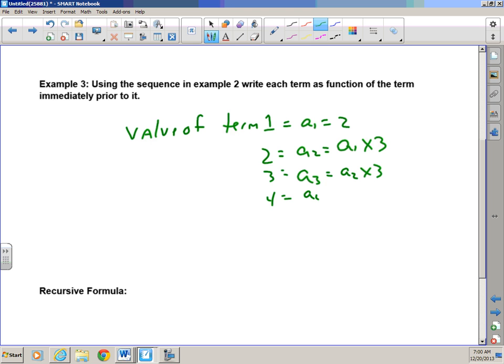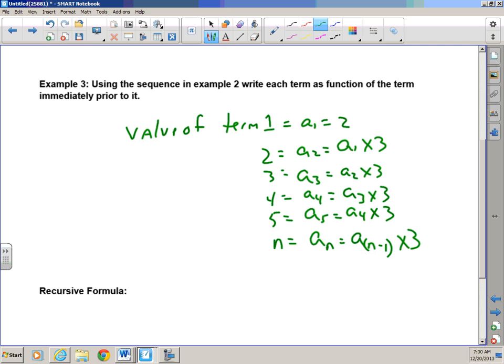A4 is A3 times 3, etc. I'll continue this out one more time. So that what we can write as our recursive formula is that to find a term, we would take the term right before it, a sub n minus 1, and multiply it, in this case, by 3.